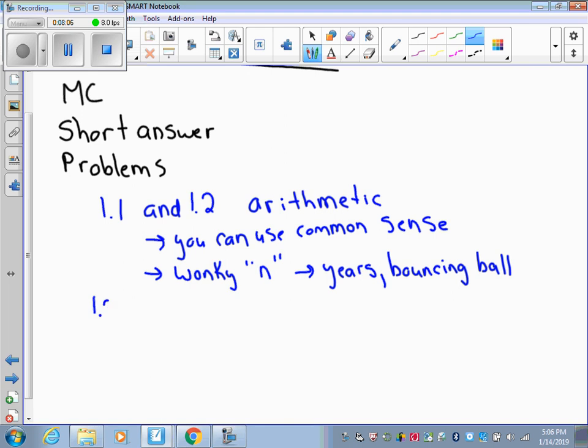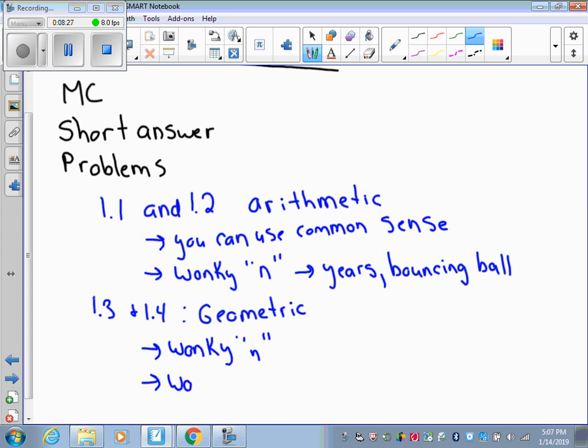Then 1.3 and 1.4 are geometric. Again, there's the wonky n, and this time we encountered the wonky r as well.